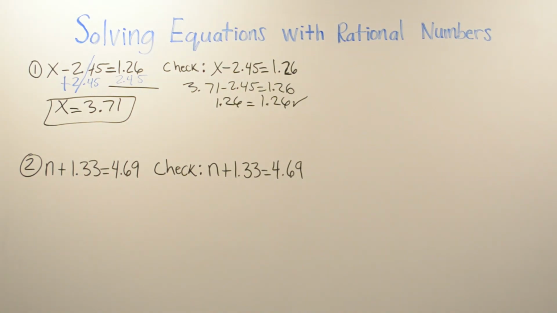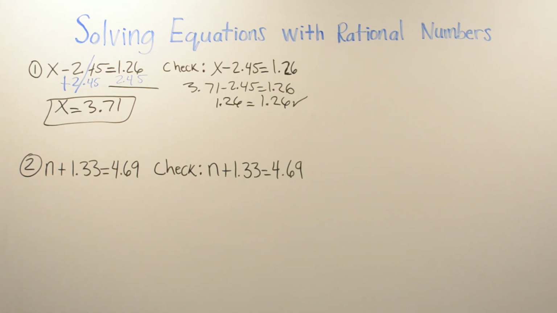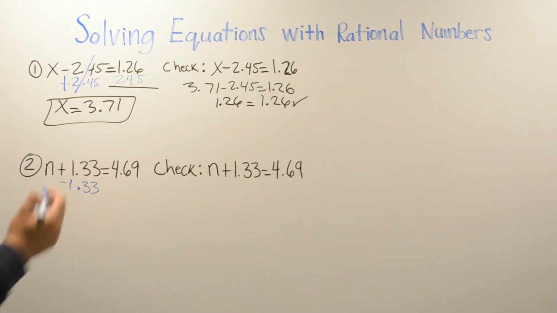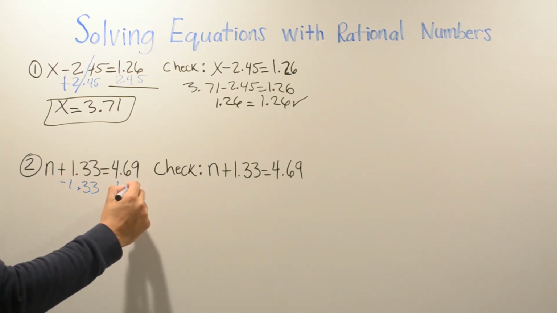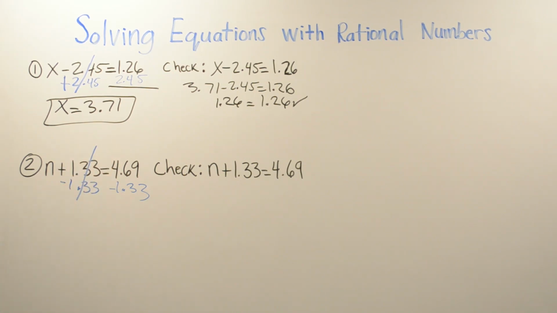Then for the second one, number 2, we have n plus 1.33 equals 4.69. Once again, to get rid of a positive, you're going to have to subtract 1.33. Whatever we do on one side of the equal sign, don't forget we have to do it on the other side of the equal sign. So we're going to do negative 1.33. So now this is going to cancel, and then it's going to leave n by itself.